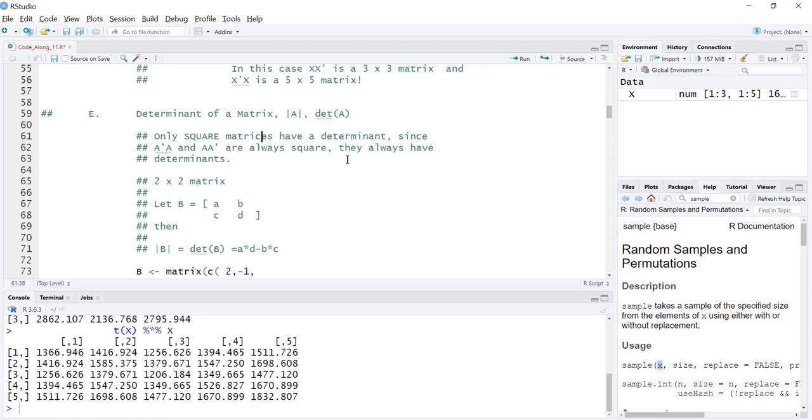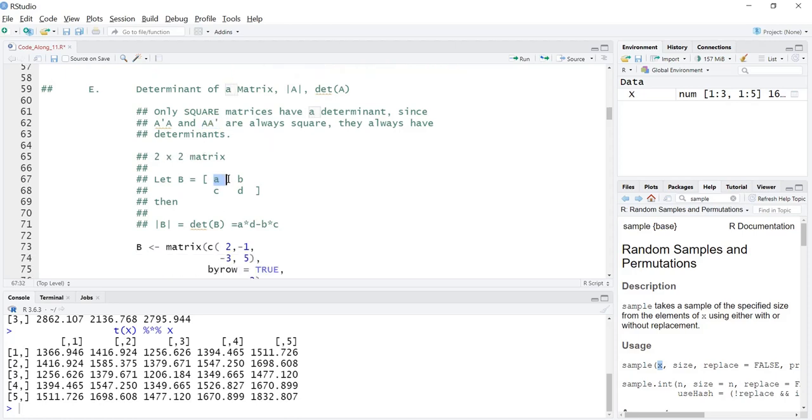Only square matrices, with the same number of rows and columns, have a determinant. Remember that A prime A and A A prime are always square, so they have determinants. We'll start with the easiest case, a 2 by 2 matrix.